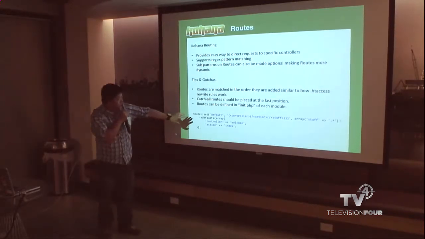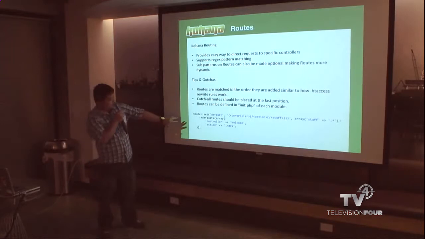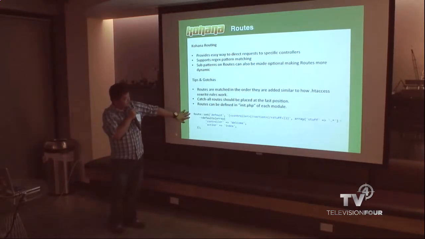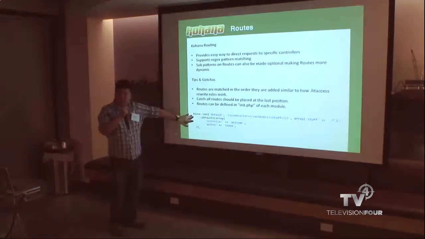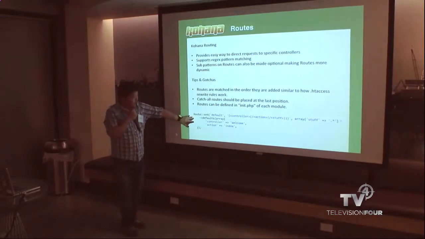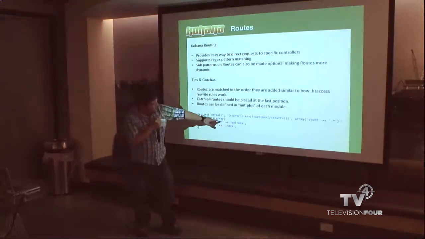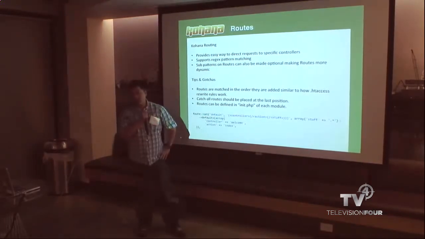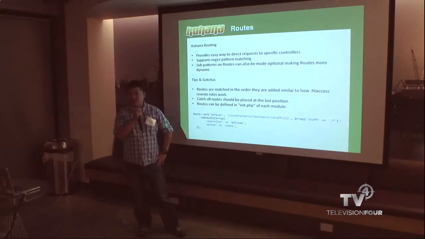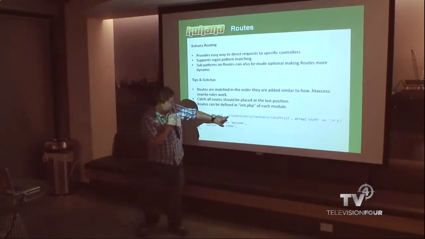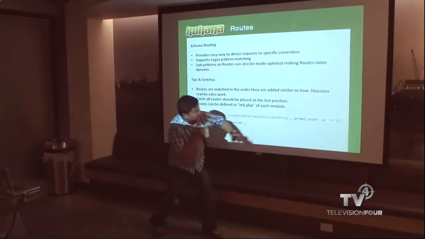Which is no good. So here's an example of how a route is set up. I know this seems a little bit complicated, but this is the default route that Kohana ships with for you to play with. It's one of those catch-all types of routes, where everything in parentheses in Kohana's routing is optional.